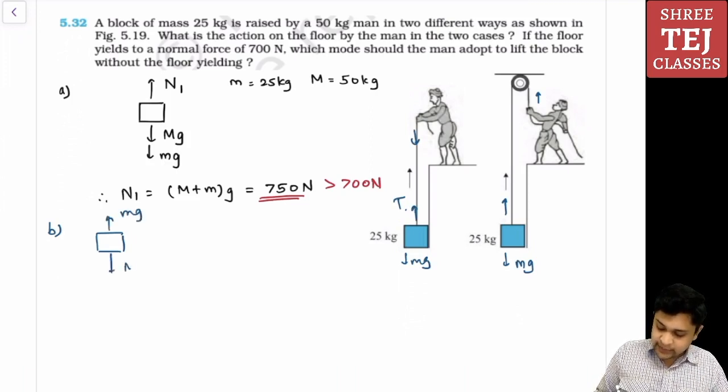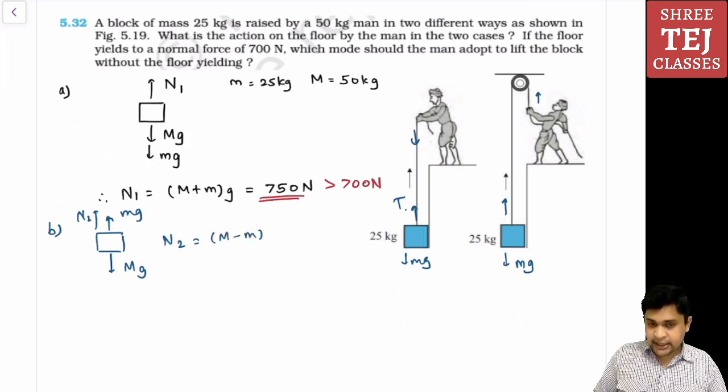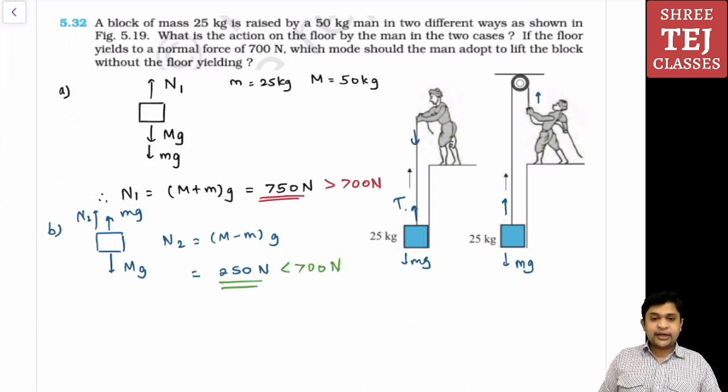Weight is capital Mg, and this is normal N2. Therefore N2 will be M minus m into g. So that would be 250 Newton, which is less than 700 Newton. So method 2 should be used.